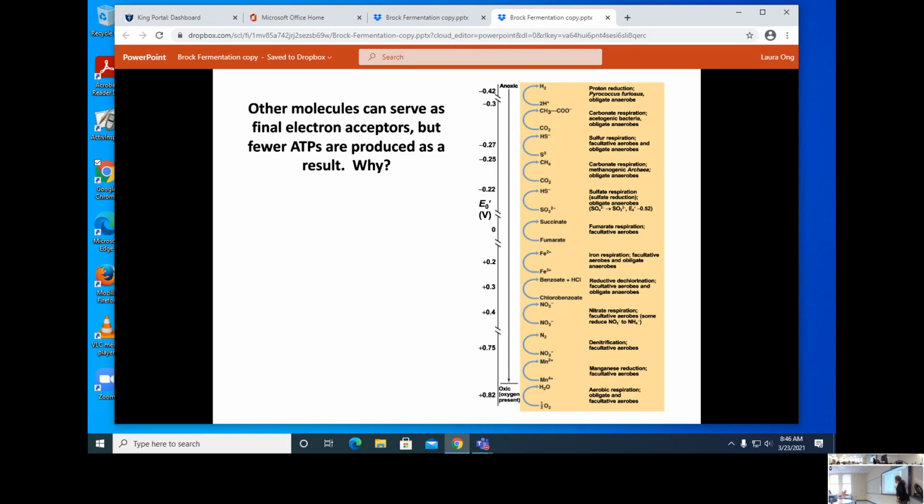Circle this one, or make a note about this one. But that redox couple has the most beneficial energy potential. That one has the most beneficial energy potential out of any of these redox pairs on this page. Oxygen is the best.